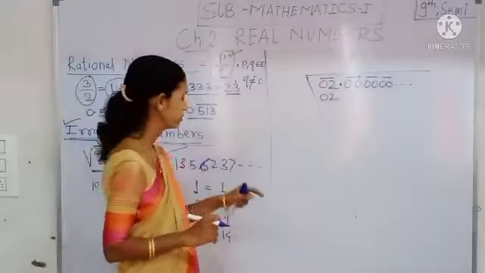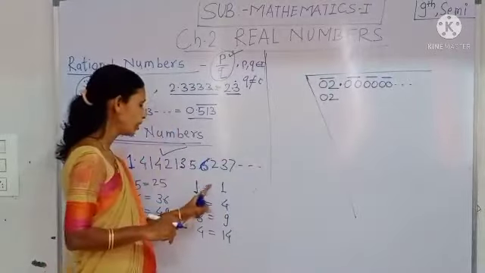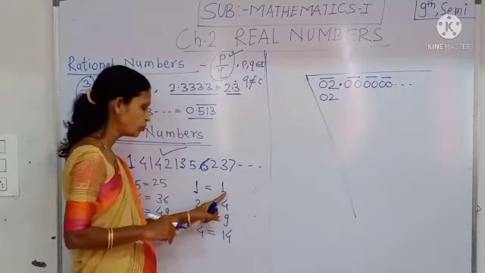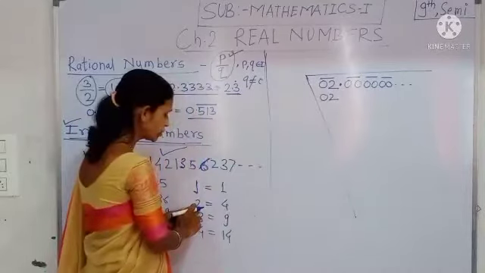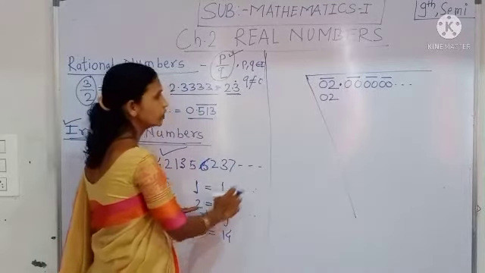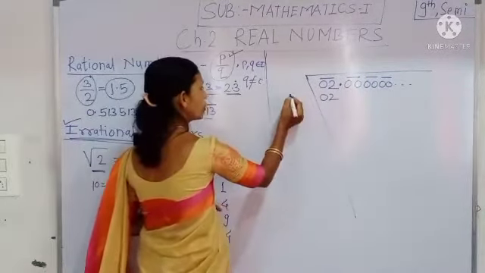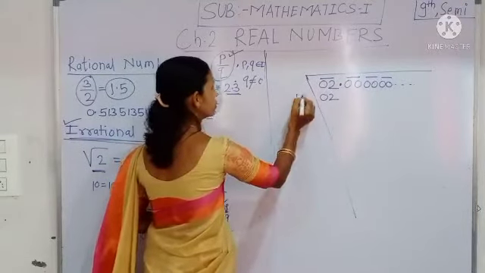Then see here, the square of 1 is 1, which is less than 2, and the square of 2 is 4, which is greater than 2, therefore we have to write here 1.